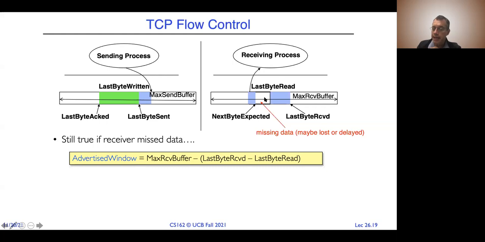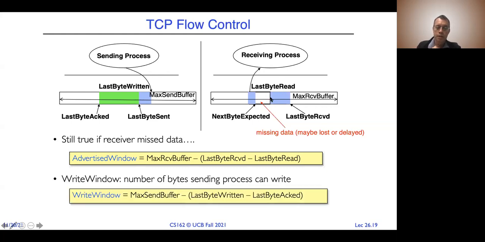Because you have a gap, the gap doesn't matter for the next byte expected, but for the last byte received, it matters. Okay. So remember that. These are the same formulas if you miss the data in the middle.